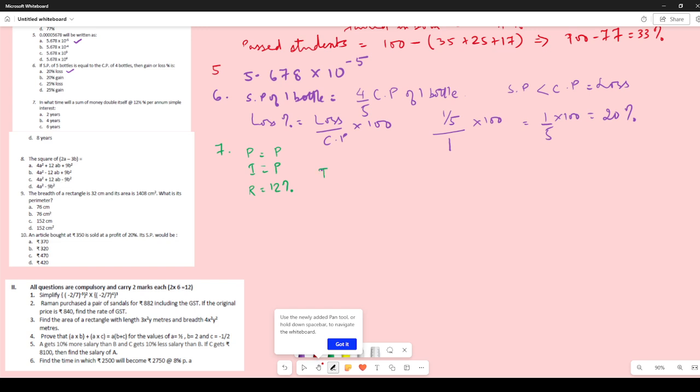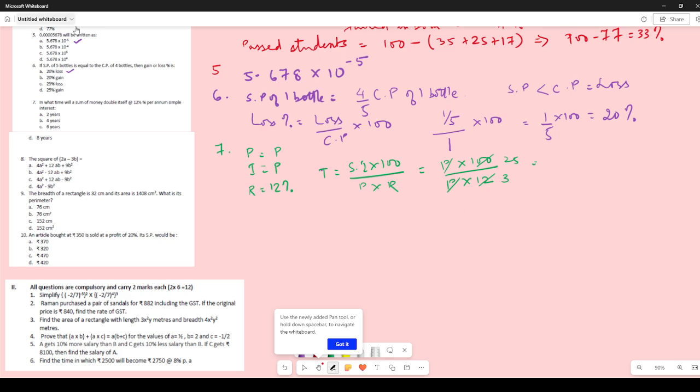So time is equal to SI into 100 by P into R. So SI is P into 100 by P into the rate. Sorry, I got it incorrect.